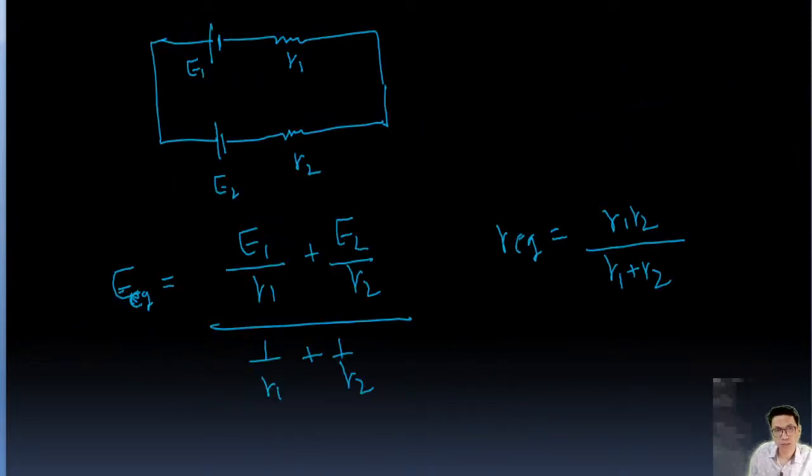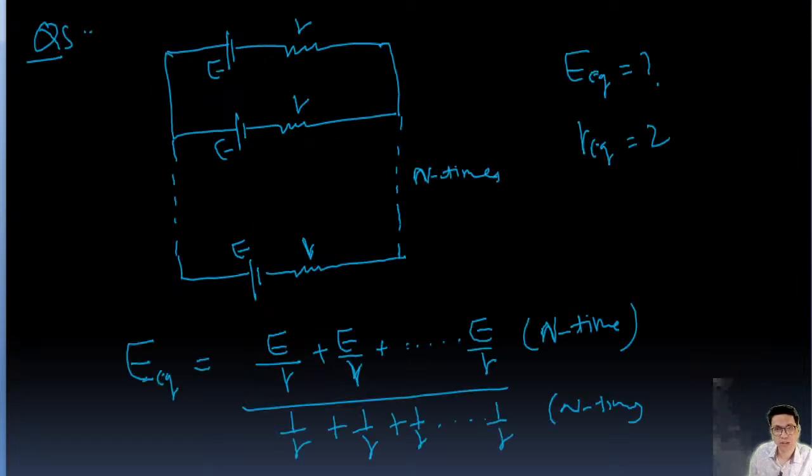In a similar way, if there are only two: E1 upon R1 plus E2 upon R2 upon 1 upon R1 plus 1 upon R2. So here we have n voltages in parallel and n resistances in parallel, right?